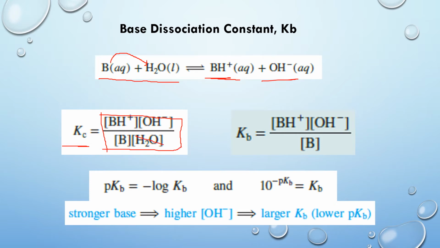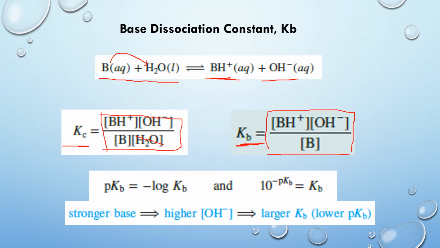So for the Kb, the expression is going to be the conjugate acid times the hydroxide divided by the base. So this is the same concept as Ka.